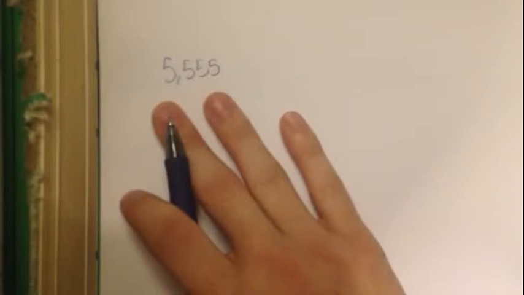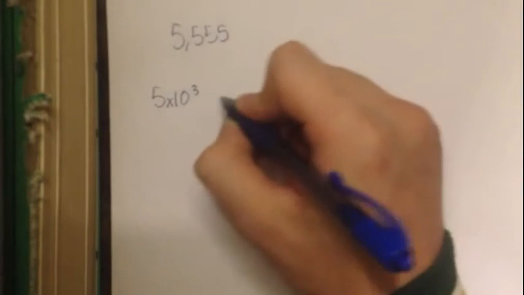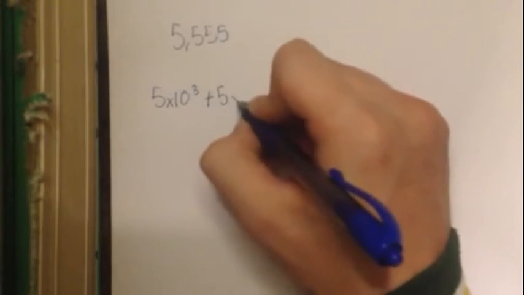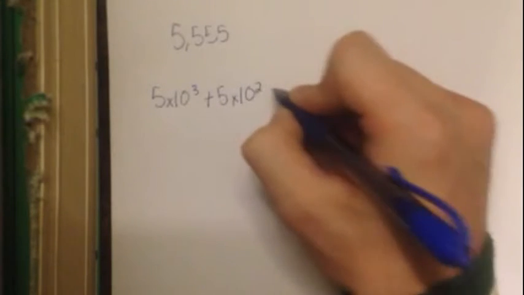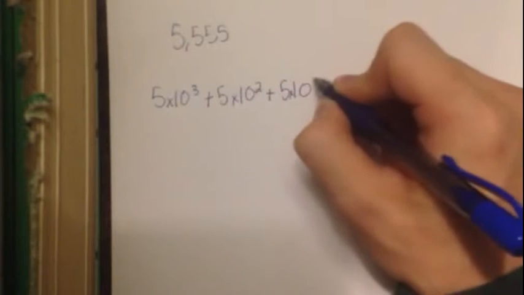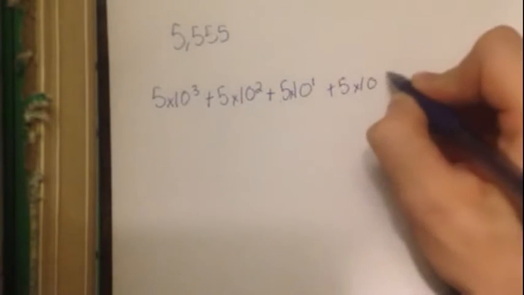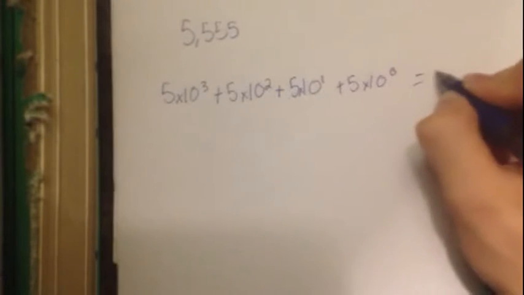5,555 in base 10 is exactly that. It's 5,555. Its expanded notation is 5 times 10 to the third power plus 5 times 10 to the second power plus 5 times 10 to the first power plus 5 times 10 to the 0 power.